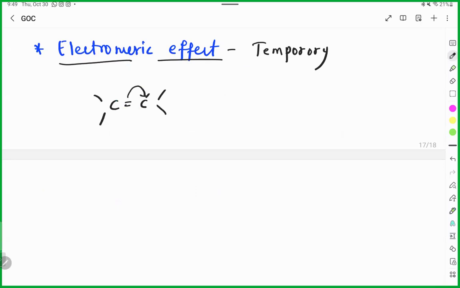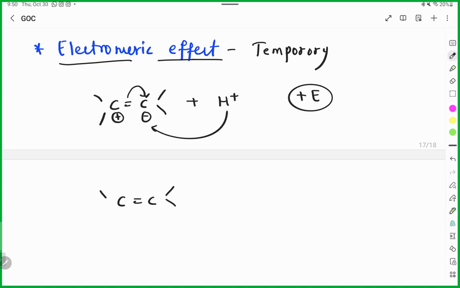When the pi electron moves in the presence of the attacking reagent, it will be negative, positive. If the attacking reagent attacks on the same carbon, then it will be the plus electromeric effect. If it is the opposite, if it goes here and cyanide goes to the other carbon, it will be the minus effect. Movement of pi electron in the presence of the attacking reagent is the electromeric effect.